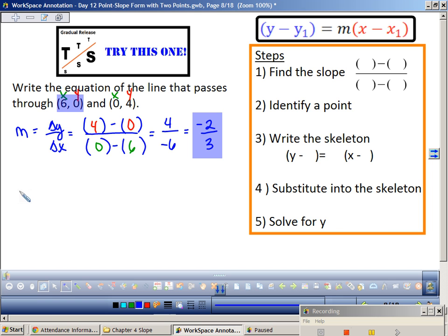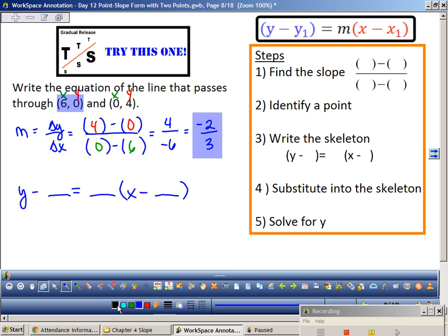We don't have a skeleton yet. Point, we already did that. Write the skeleton. So y minus my y value equals slope times x minus my x value.